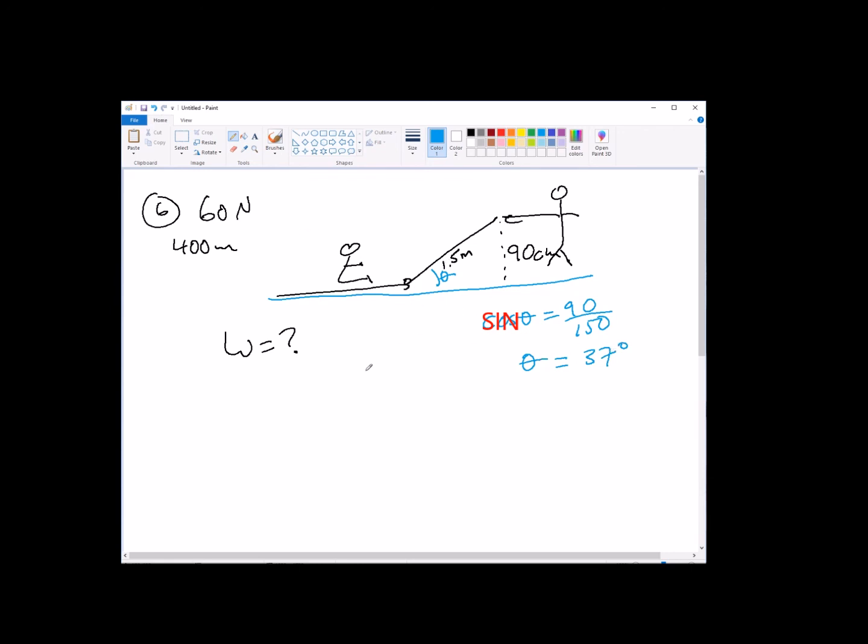But now we have the angle, so we have the force is equal to 60 times cos of 37 degrees. Oh no, cos. Sorry, cos of 37.